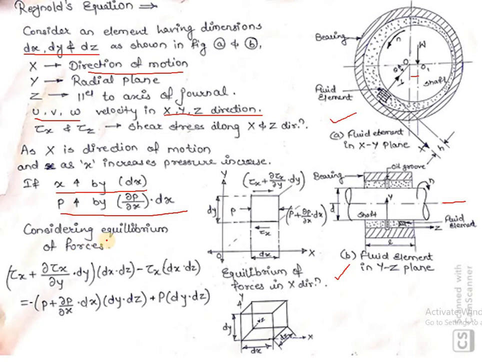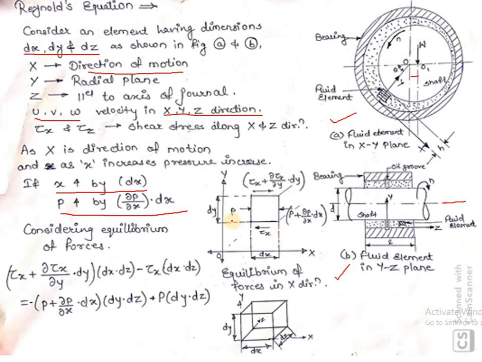Now we have to consider the forces acting on the fluid element. This is a fluid element, and here we will see the equilibrium of forces in the x direction acting on it. This is the 2D view of the fluid element in the x and y plane, so dy is its length along the y axis and dx is its length along the x axis.